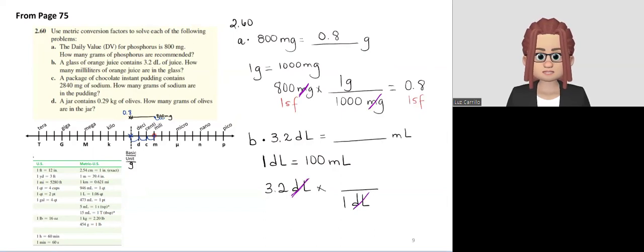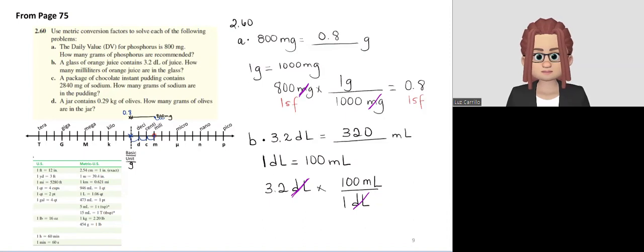On top of my fraction, I'm going to put what deciliters equals to, which is 100 milliliters. So when I take 3.2 and I multiply it by 100, I find that this equals 320 milliliters.